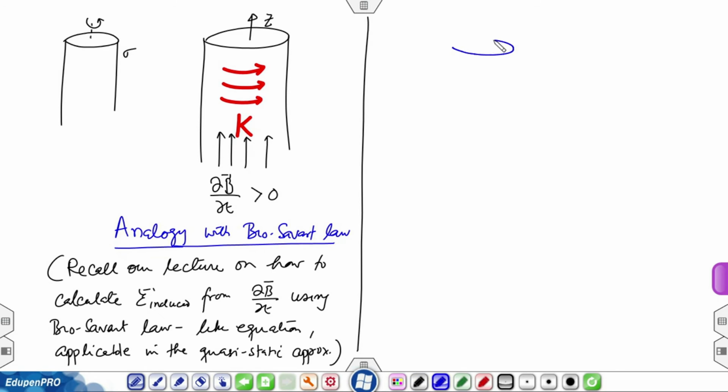So, suppose I had a cylinder where I had a current I going. In this case, this will produce a B field like this.